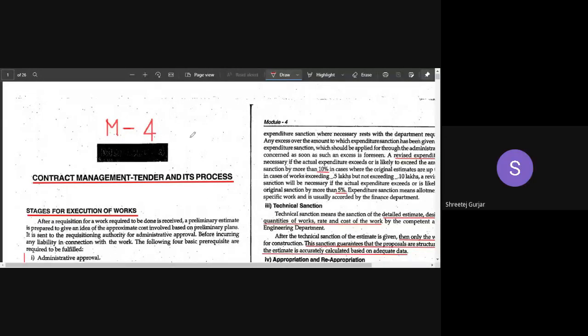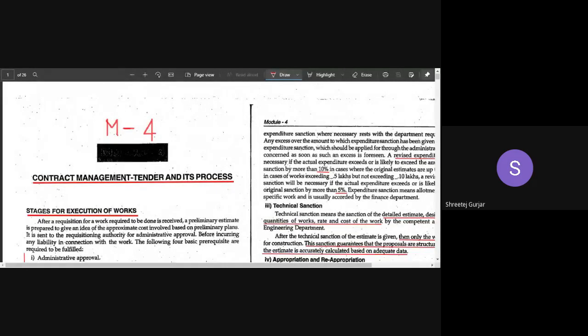I hope you are able to see the screen, wherein I have written module 4: Contract management and tendering and its process.